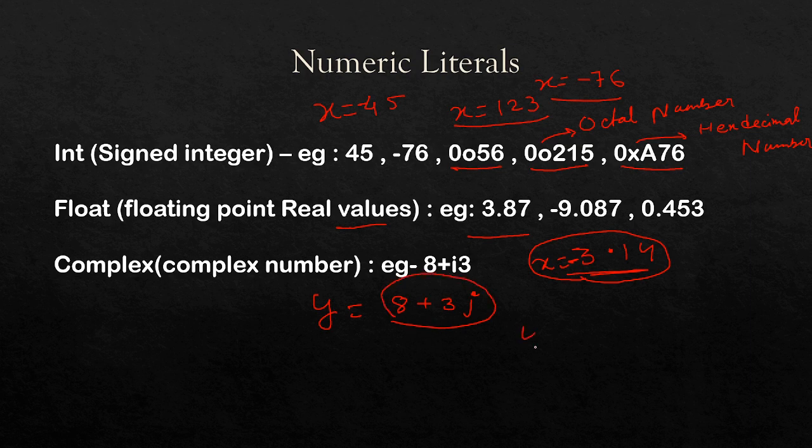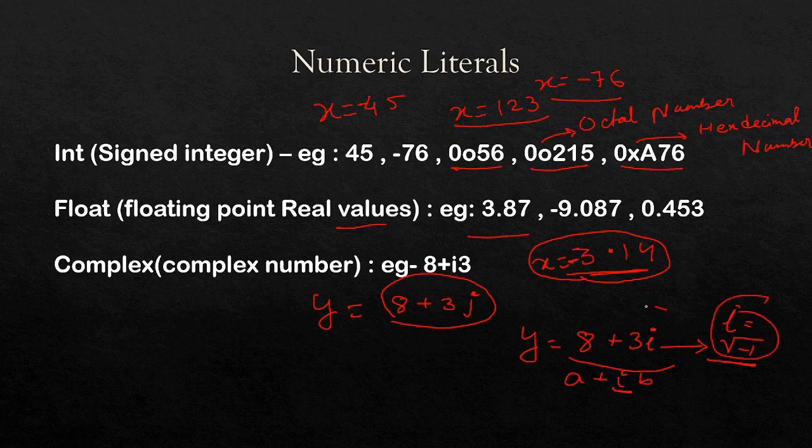But in mathematics, we will write this. If you are a science student, you must know that this is a general form of complex number, a plus ib. And what is this i? This i is the root over minus 1. The value of i will be root over minus 1, right?